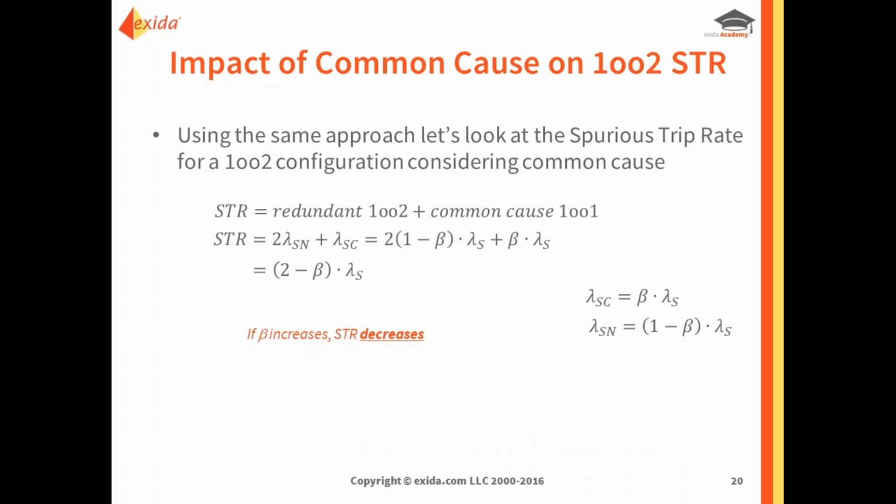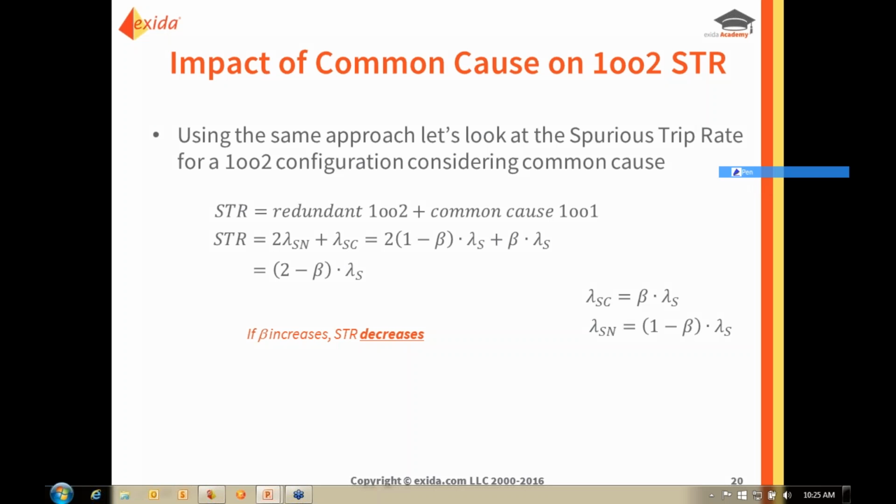If we look at a 1 out of 2 configuration, and we do the same approach, redundant 1 out of 2, common cause 1 out of 1, we apply the beta factor on the spurious trip rate. We have 2 times the safe failure rate normal, and that is the spurious trip rate for a 1 out of 2 configuration, and we add to that the spurious trip rate common cause.